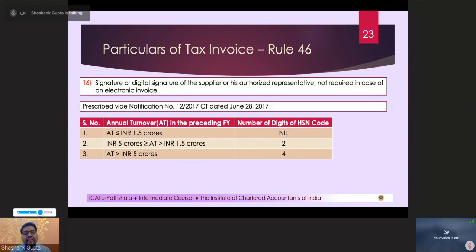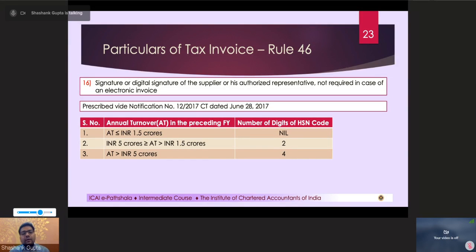Now this HSN SAC code, yesterday I had told you that it is an 8-digit special number which is unique to every product, every service. If the turnover of the supplier is up to 1.5 crores, then no HSN is required to be mentioned.